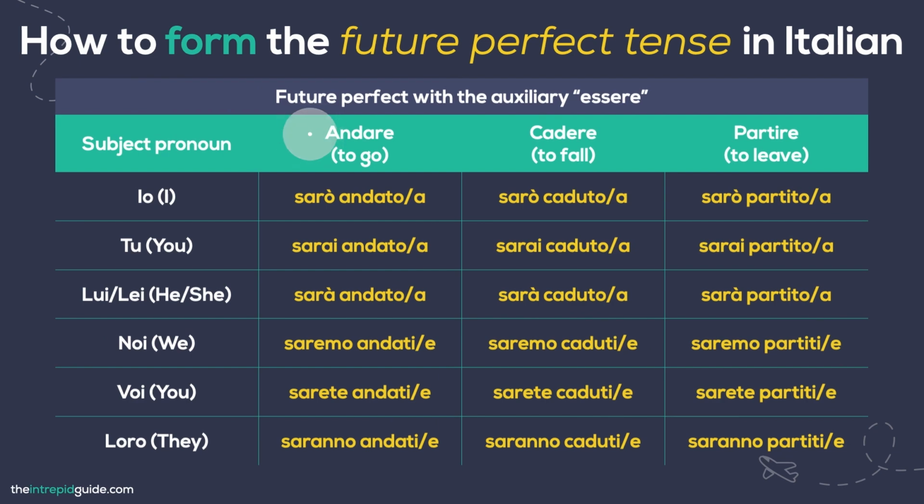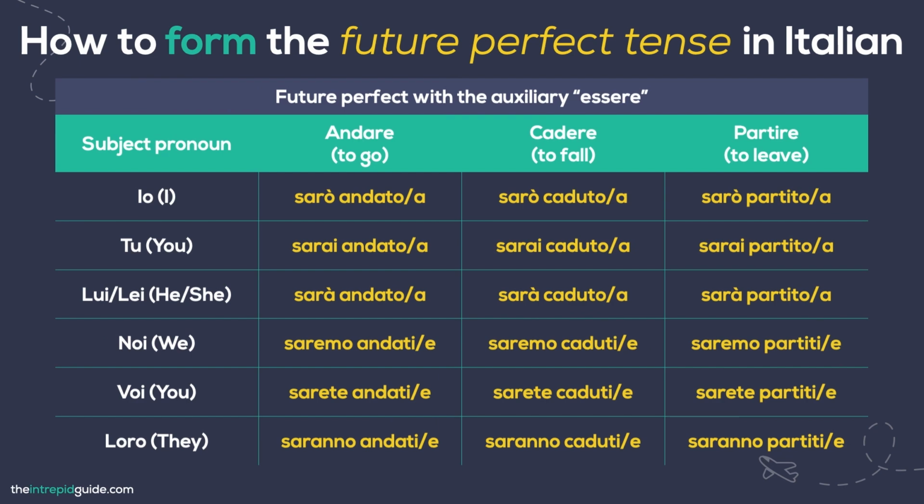Andare, to go. Sarò andato, andata. Sarai andato, andata. Sarà andato, andata. Saremo andati, andate. Sarete andati, andate. Saranno andati, andate. Cadere, to fall. Sarò caduto, caduta. Sarai caduto, caduta. Sarà caduto, caduta.